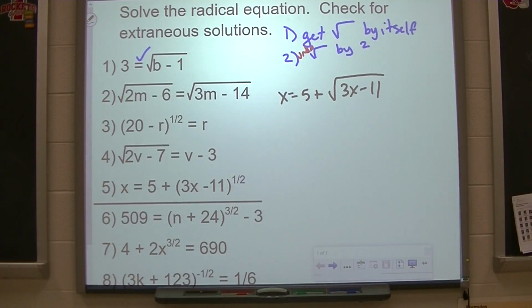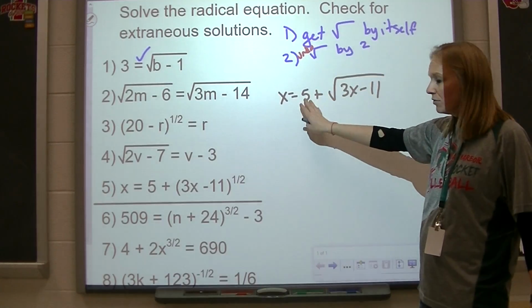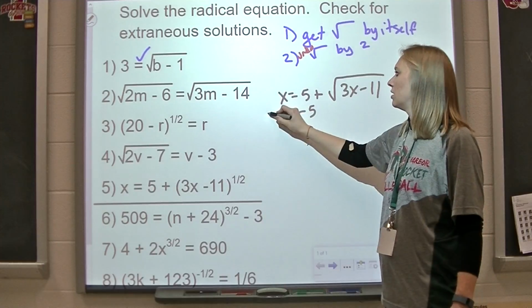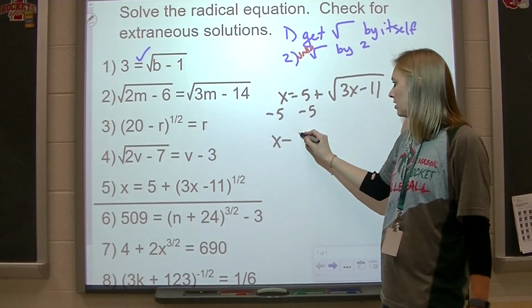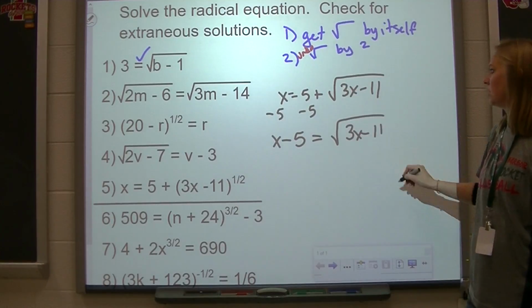So we have to ask ourselves, is the radical by itself? And for the first time, we can say, no, it is not. So we need to make it by itself. We have to get rid of this 5 here by subtracting 5. So we have x minus 5 equals the square root of 3x minus 11.